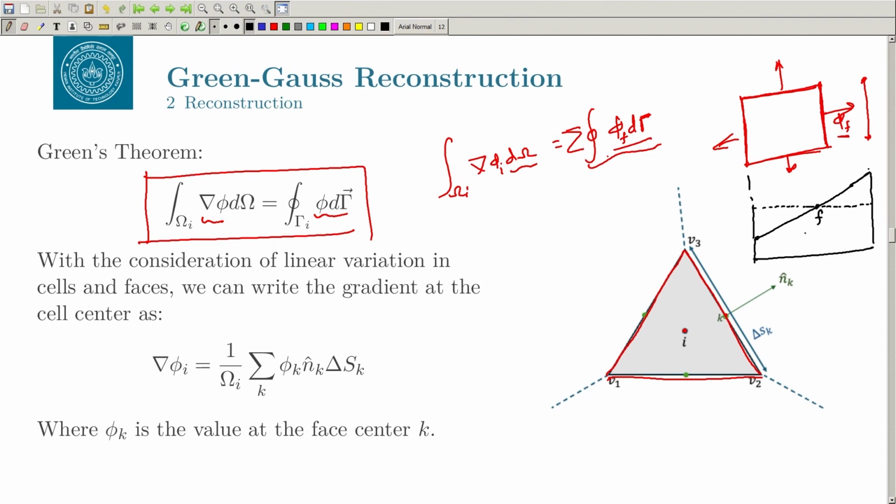So, what you can do, if you want to calculate the phi variation along the entire face, this is my variation of phi, and this will be my area.